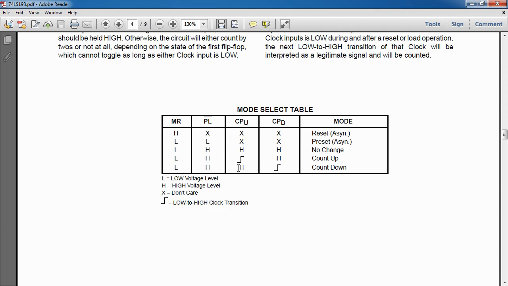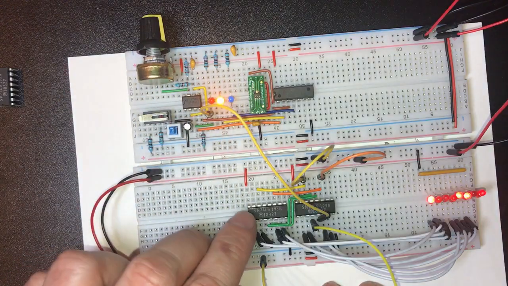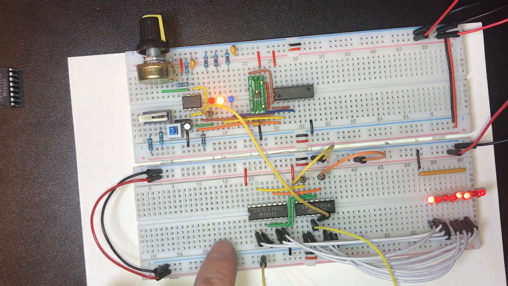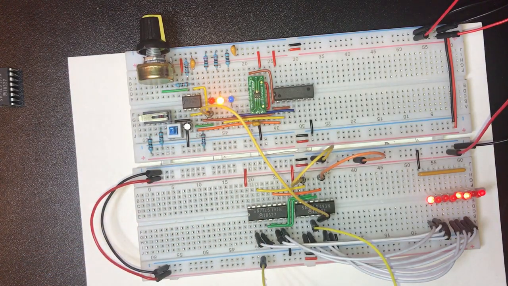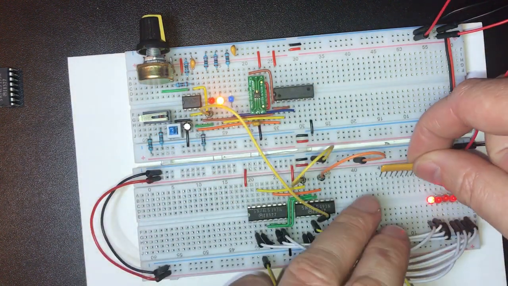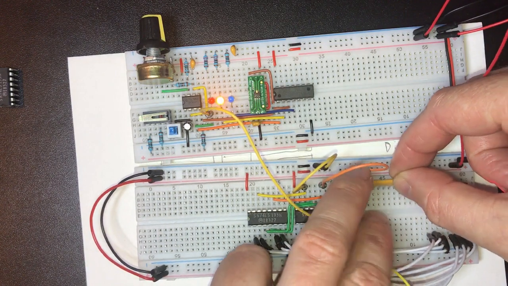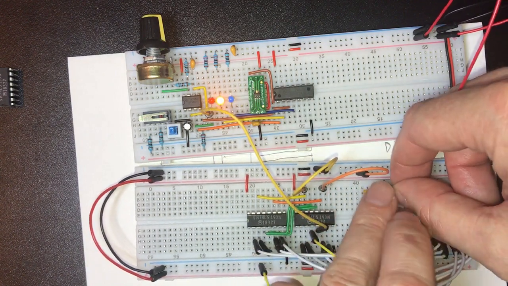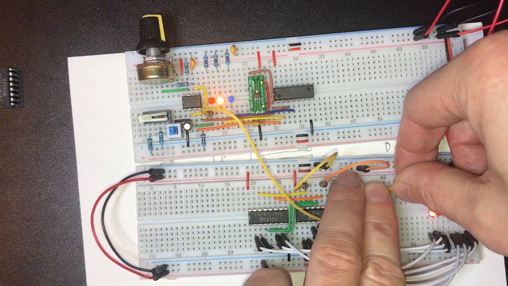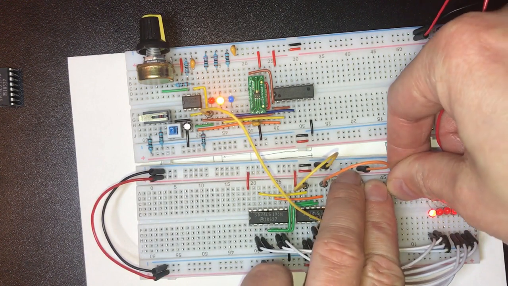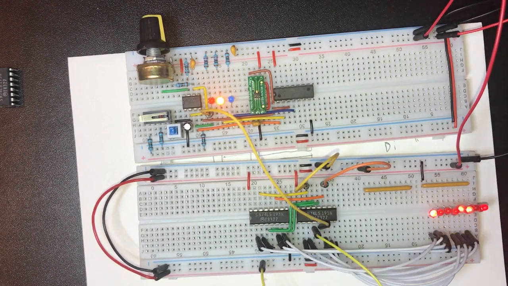But if you look at the outputs from the remaining count carry points, they are in fact high like this.